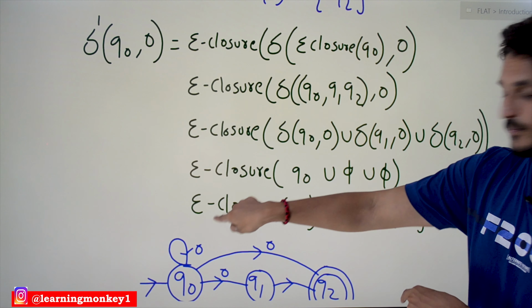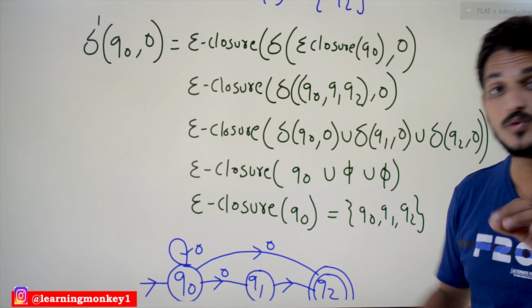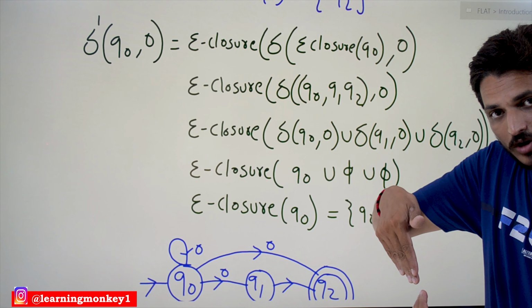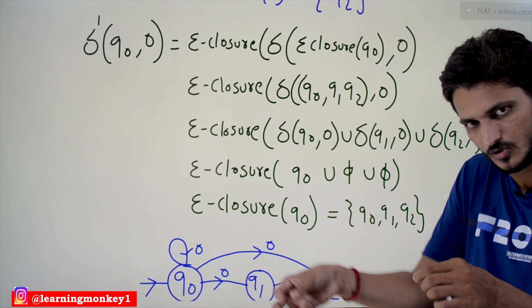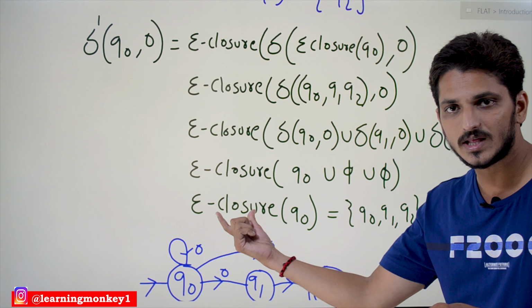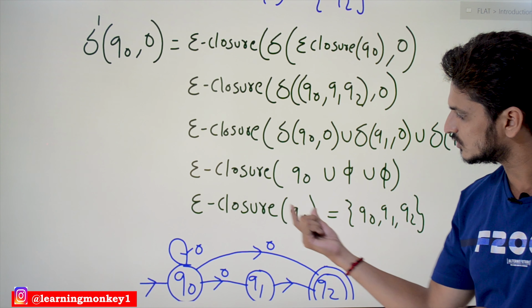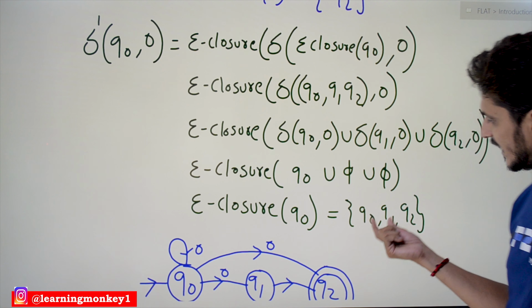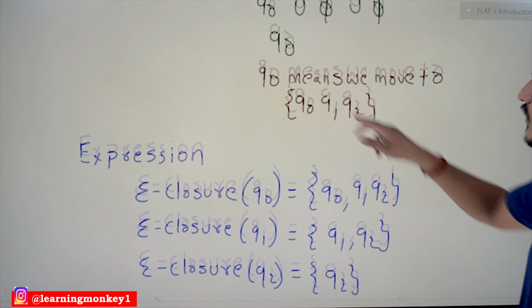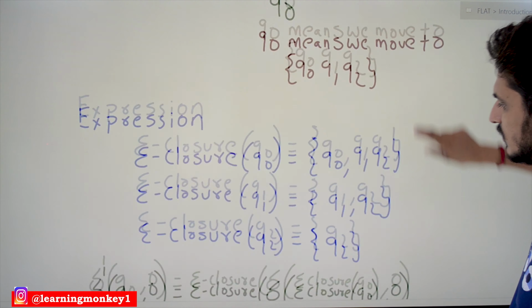On this we have to apply epsilon closure. Why are we applying epsilon closure? Because if you end up in state Q0, you can automatically move to Q1, and you can automatically move to Q2. That's why outside we are applying epsilon closure. Epsilon closure of Q0 is again Q0, Q1, Q2. The same thing, whatever example we discussed here, the same output we got.